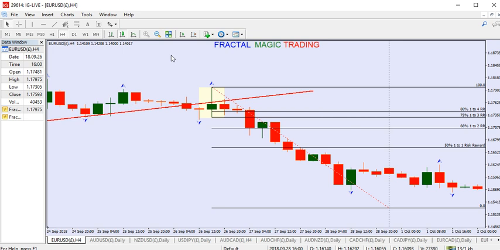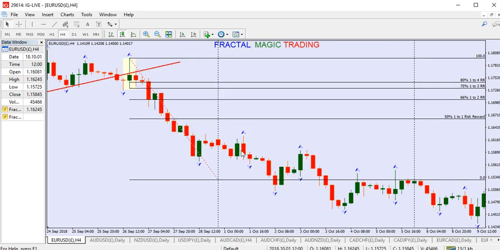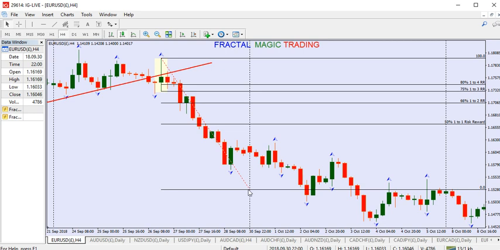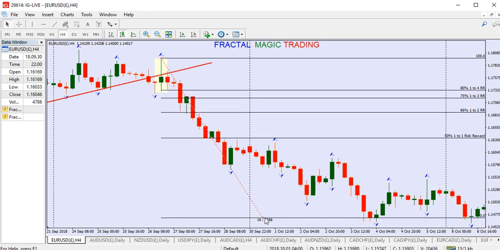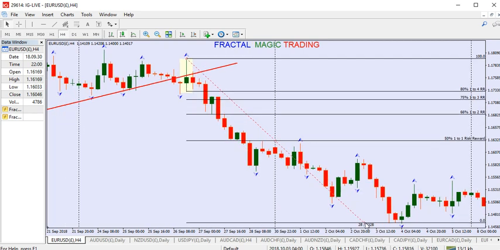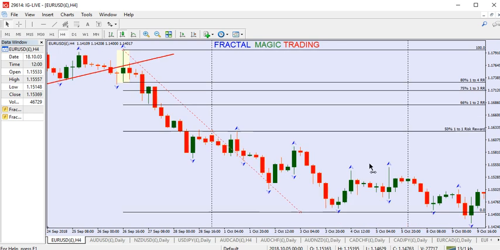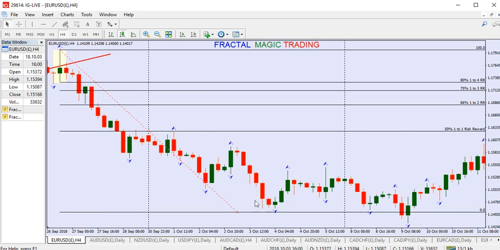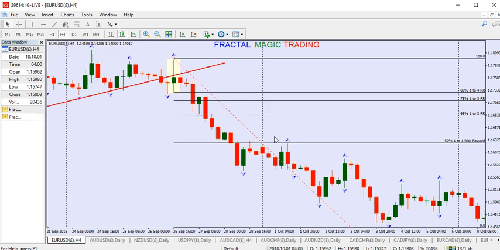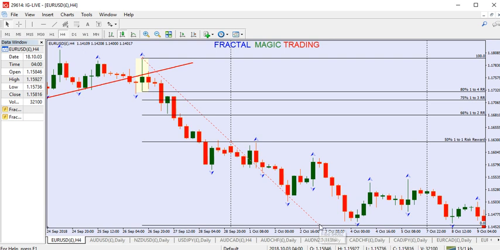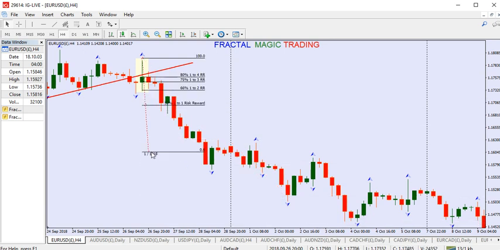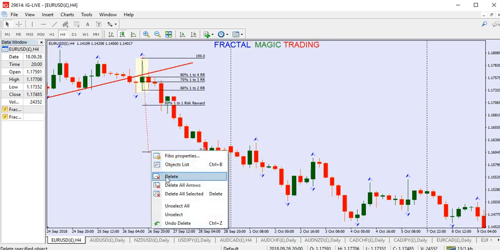Let's see if we make 75%. Yeah, we make 75%, and because it's at the start of the trend, we're lucky if we get a 1-to-4, and yes, we do get a 1-to-4. So off that first candle, we get a good return.